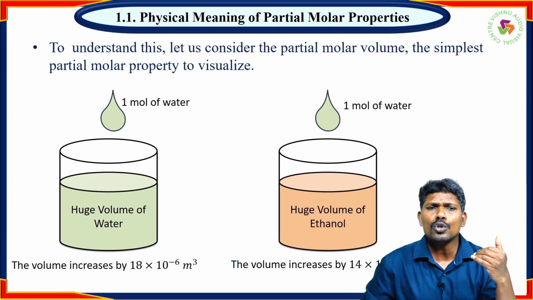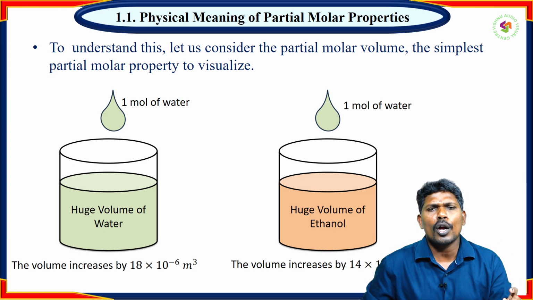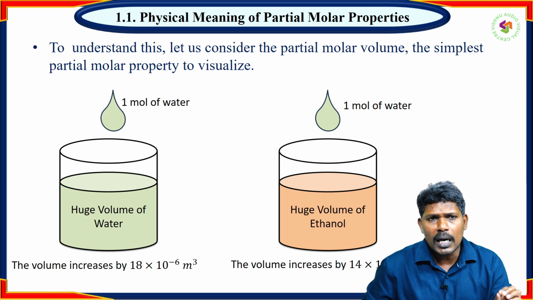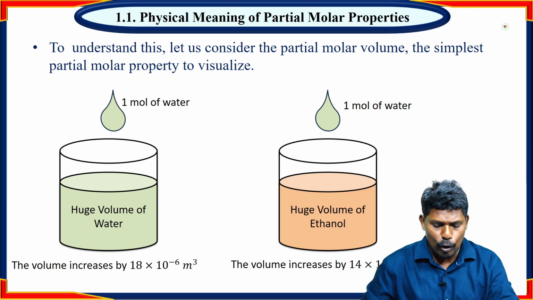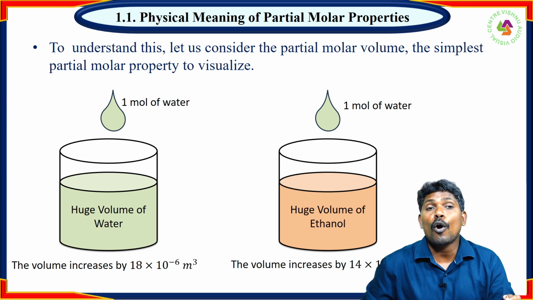Because the property of any compound changes in the mixture. To understand this, for example, one mole of water added to a huge volume of water, then the volume occupied by that 1 mole of water is increased by 18 into 10 power minus 6 meter cube.